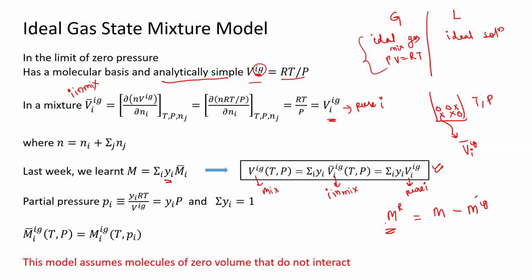So here we can define delta V mixing in the ideal gas model equals 0.